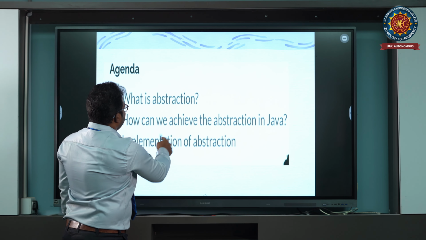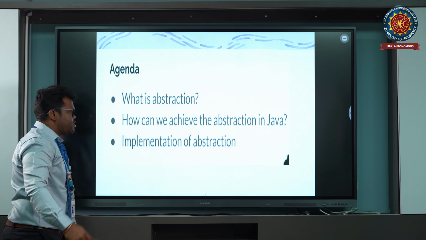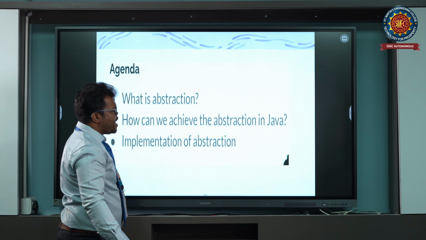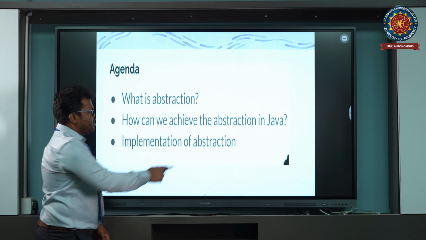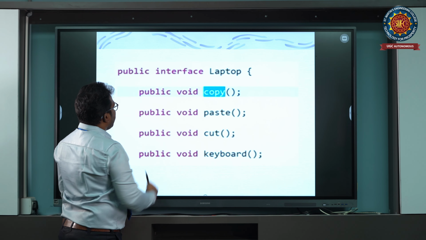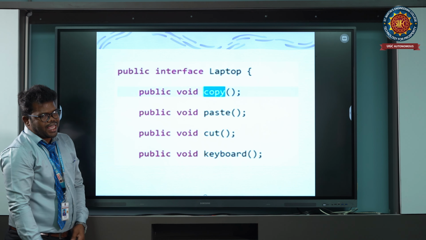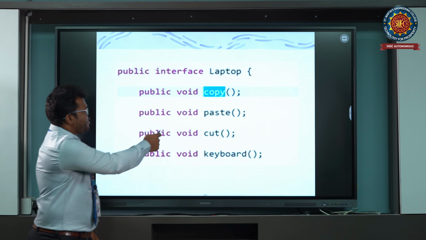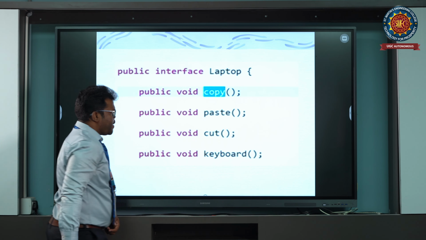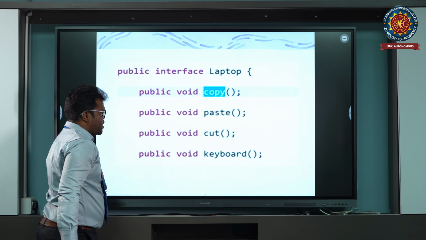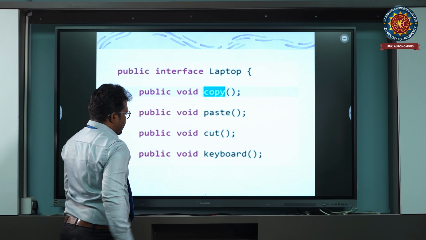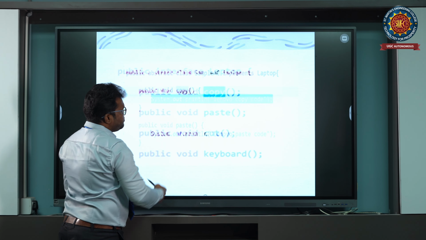Here the agenda is: what is abstraction, how can we achieve abstraction in Java, and the implementation of abstraction. Here is the example program of abstraction. We have a public interface Laptop with public void copy method, public void paste method, public void cut method, and public void keyboard method.